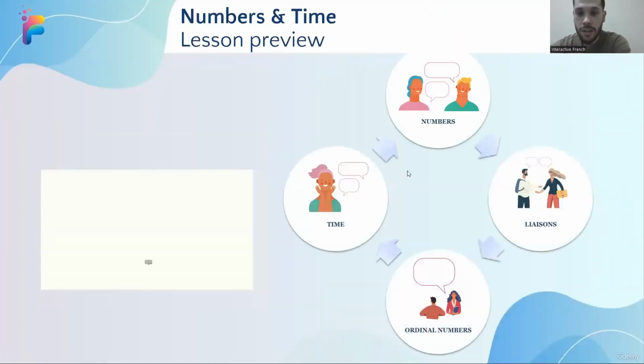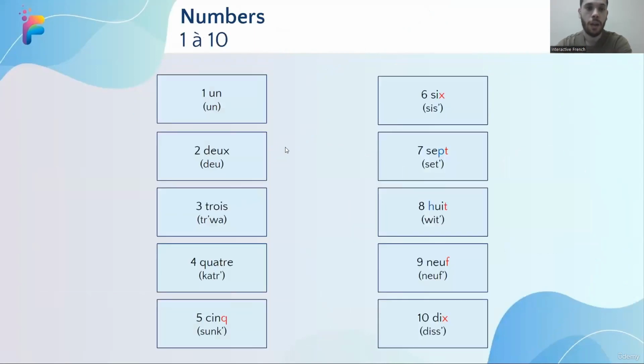All right, starting with the numbers from 1 to 10 first. I will encourage you to repeat after me if you can. If you cannot, you have the pronunciation in phonetic language underneath the numbers, so that you can train later at home or whatever.